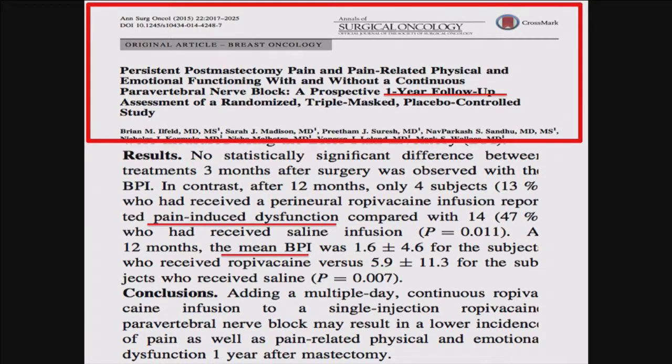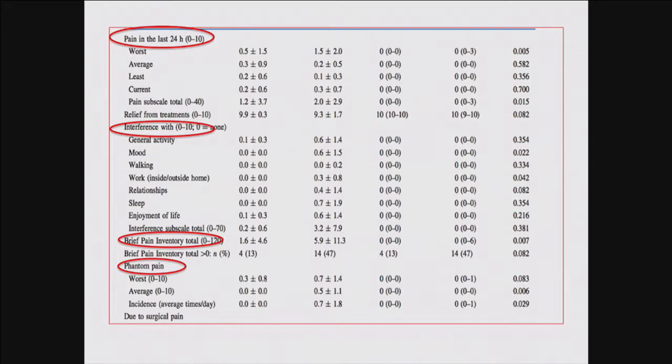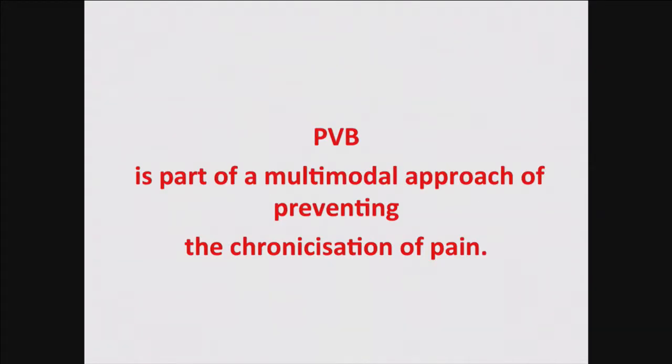And this has been confirmed by Brian Ilfeld 1 year or 6 months after the surgery, still using the Brief Pain Inventory, and you see that patients having received a paravertebral block did much better than those having received a PEC block. So the paravertebral block, it has been shown scientifically, is extremely effective, and although it is not yet published, there is no reason that the PECs will not achieve the same results.